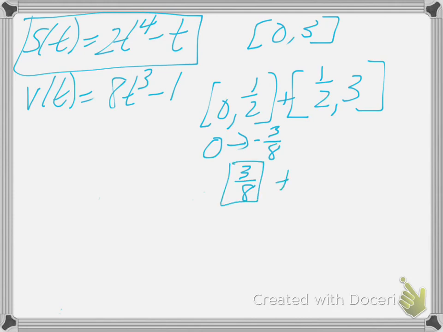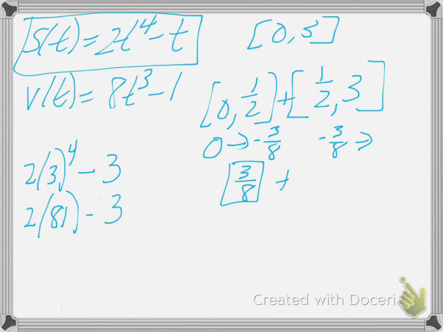Okay, now we have to do the next one. So at 1/2, we already know we were at negative 3/8. And where did we end up at 3? So we're going to put 3 into s of t. So we get 2 times 3 to the 4th minus 3. So 2 times 81 minus 3. 162 minus 3, we get 159.